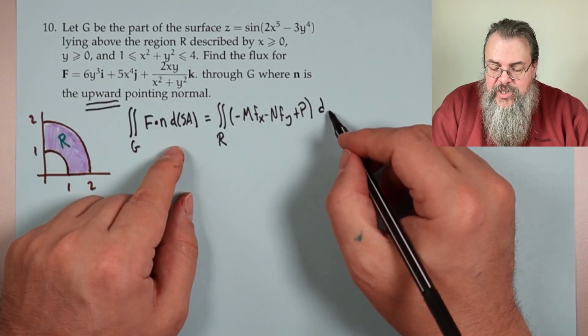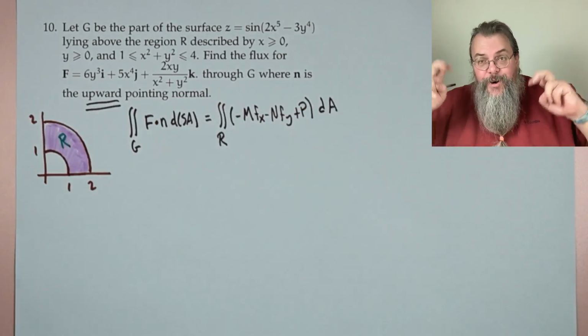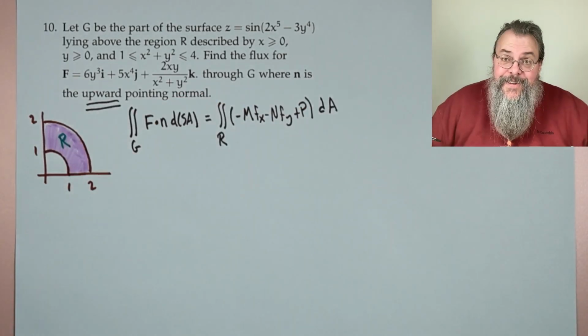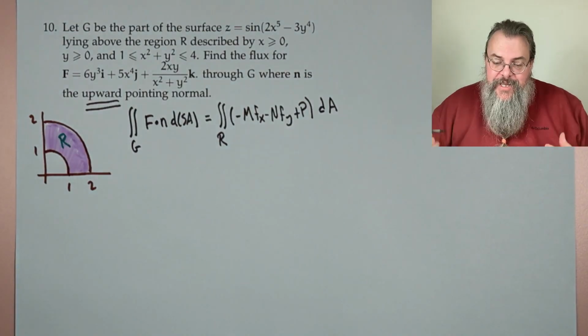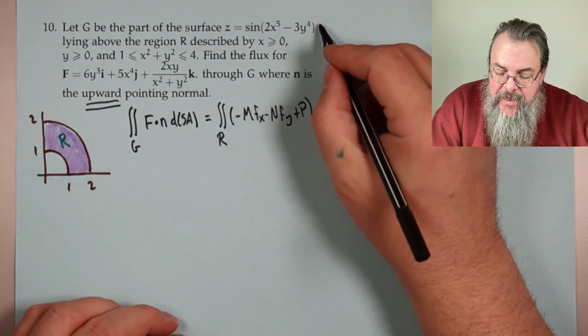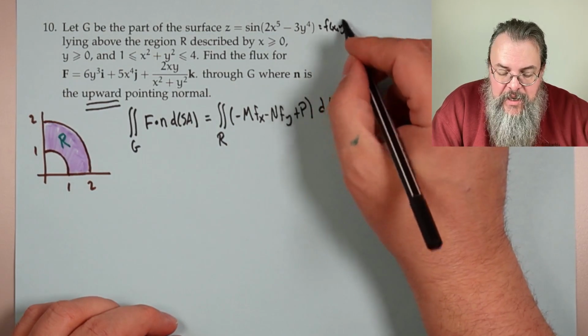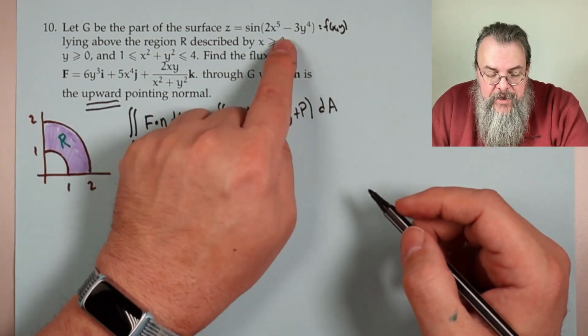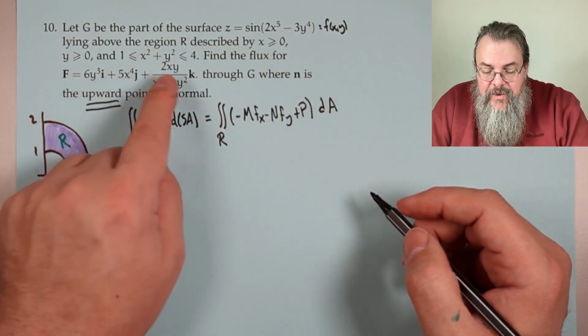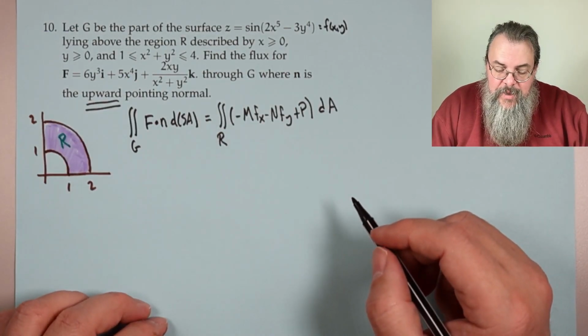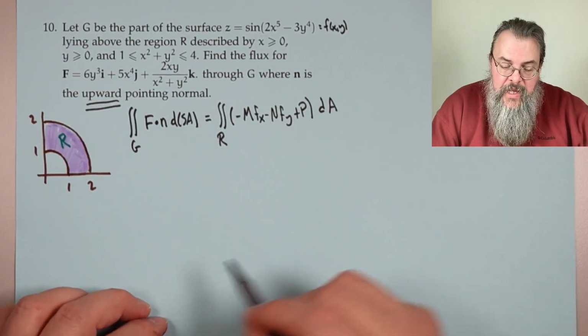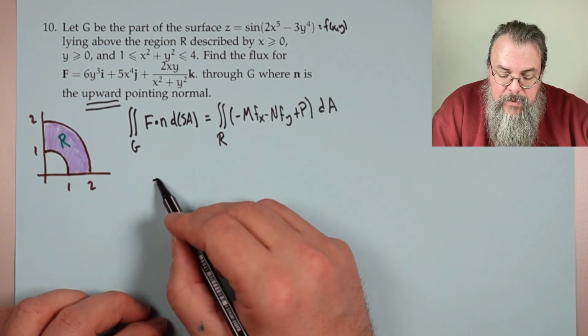Now, if your orientation is ever the wrong way, easy to fix. Minus, because a minus is an orientation. All right, and then this is our f of x, y. Now, the good thing is we already have our f of x, y. There's no z's, no z's at all. So it's just a matter of cleaning this up. Okay, so let's see what we have.